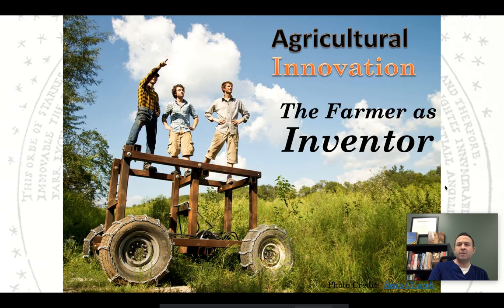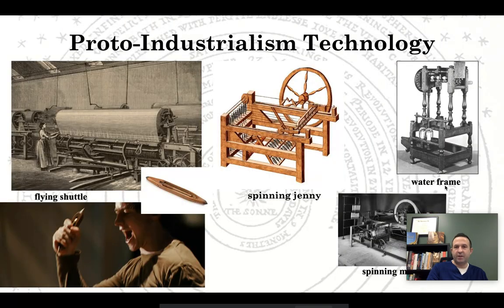And again, I say agricultural invention, but note also for proto-industry, because these farmers are being inventors, even for this textile industry. And we'll start seeing a number of new products being developed largely in the countryside.